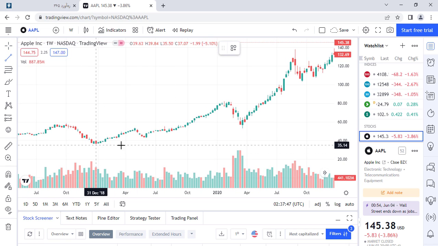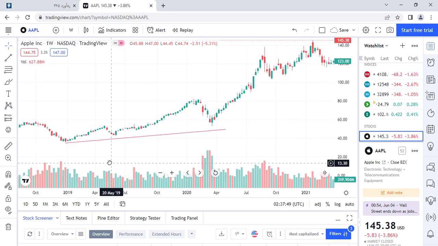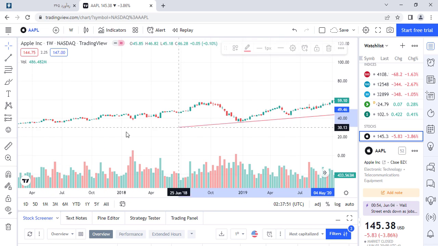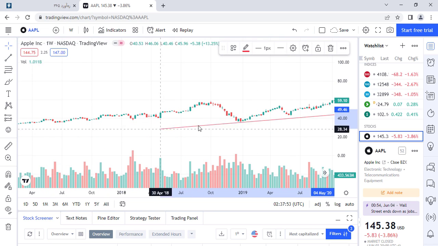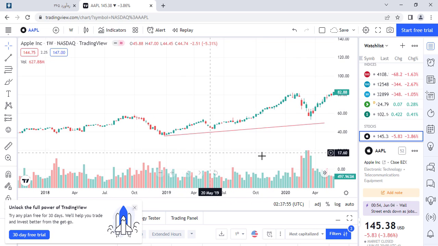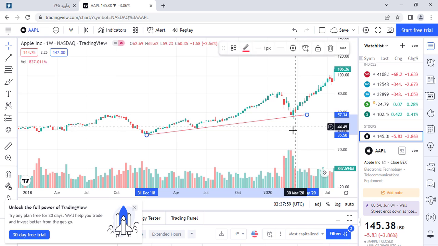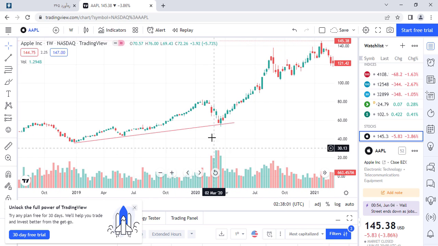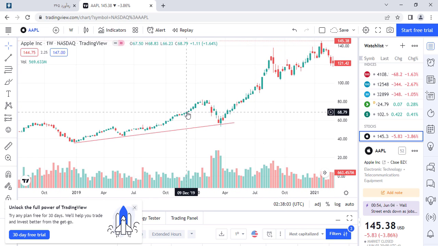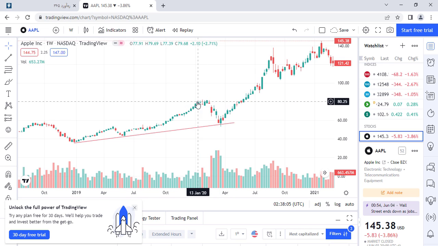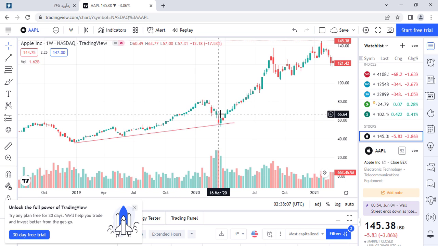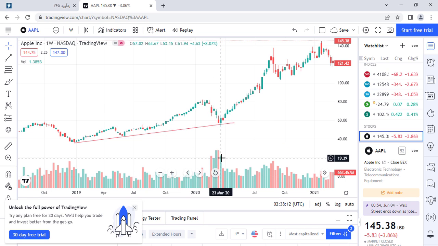For example, we were here. When price charts and candles are near support lines, these candles are more valuable.